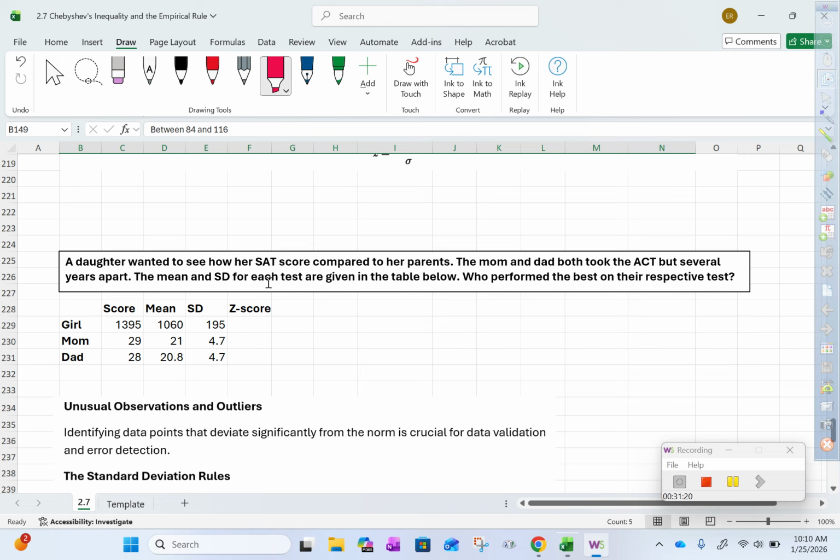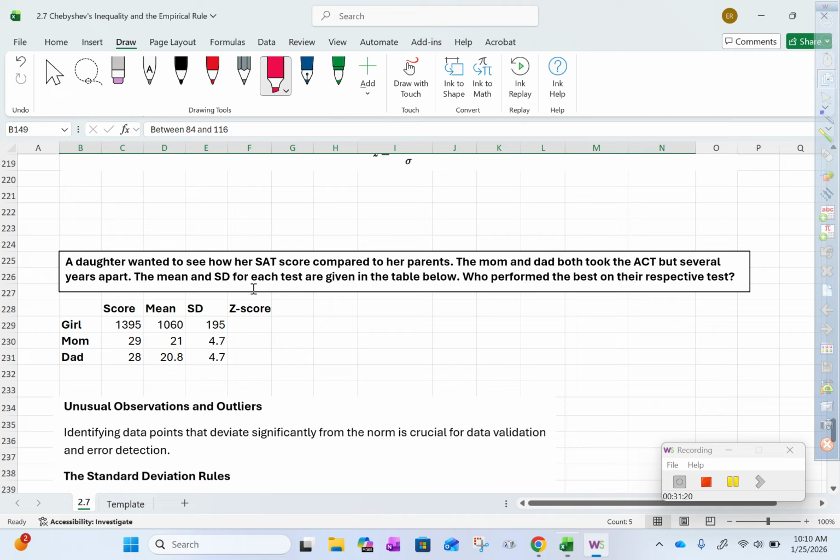So in order to calculate a z-score, you need to know the mean and the standard deviation, and then the score that you're trying to figure out where it lands. So we can see that the girl scored above average, the mom scored above average, and the dad scored above average. So they're all doing better than other people who took the test. But we want to be able to compare them to each other. We can't just take the difference between these because they had different averages.